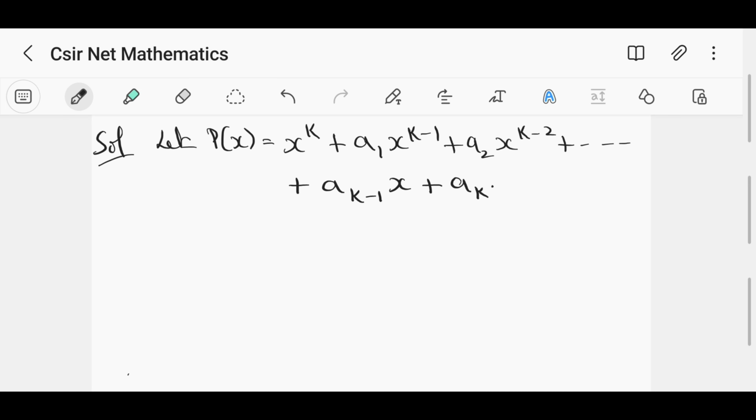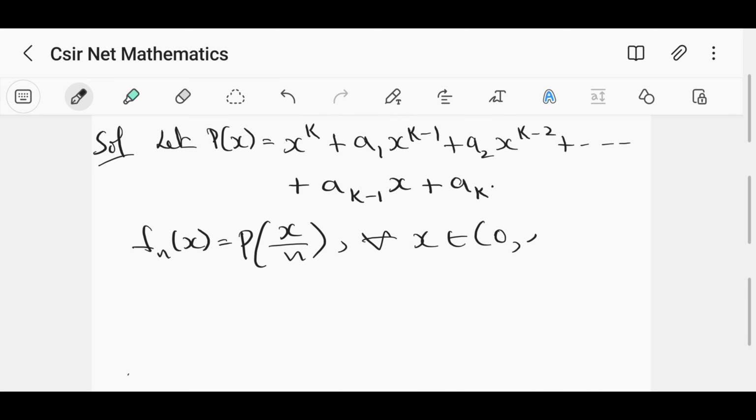So from this polynomial we can take f_n(x) equal to P(x/n) for all x belonging to (0, infinity). So what will be P(x/n)? In place of x we are replacing x/n, that's all.